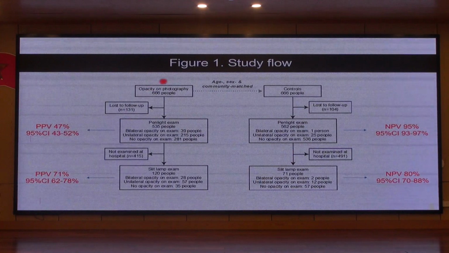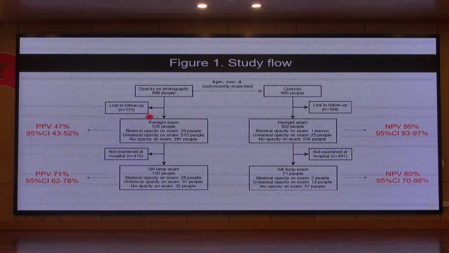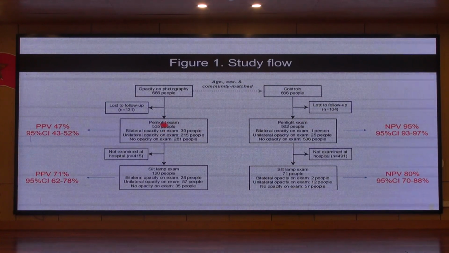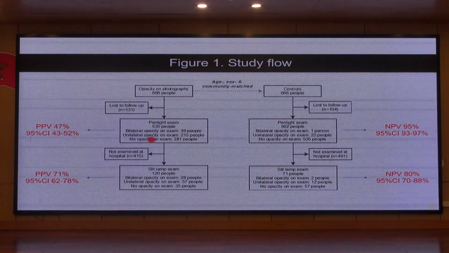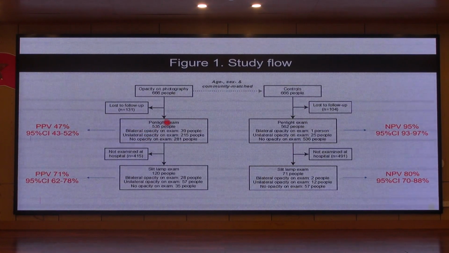So in the case group, 131 people were lost to follow-up, so only 535 people had a penlight exam either at a hospital or at the mobile clinics. And among these people, 39 people had bilateral opacity, 215 had unilateral opacity on the penlight exam. So the positive predicted value of the corneal photographs in reference to the penlight exam is 47%.